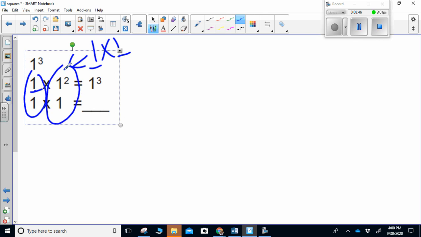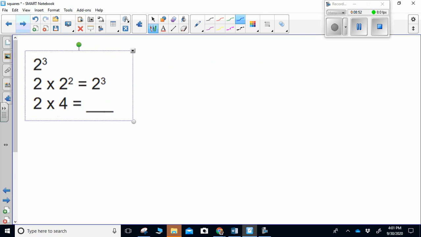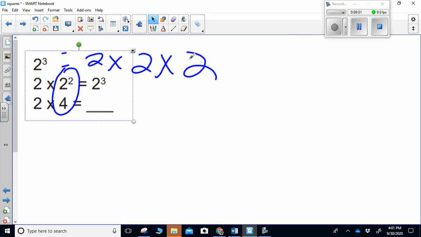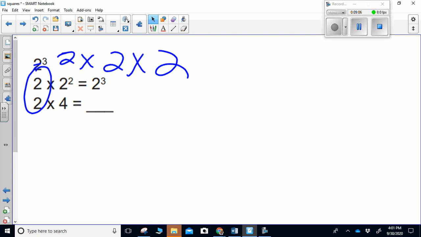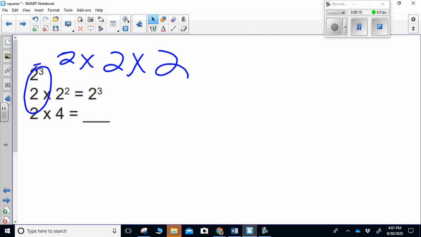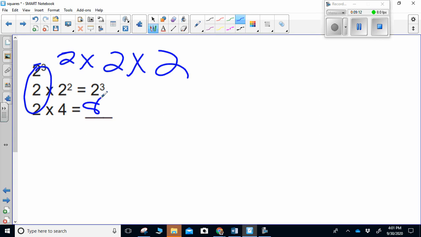So 1 to the third power means 1 times 1 times 1, or 1. 2 to the third power means 2 times 2 times 2. Well, 2 to the second power is 4. Whoopsie, sorry. So this is 2 times 4, or 8. So 2 to the third power equals 8 because 2 times 2 times 2.